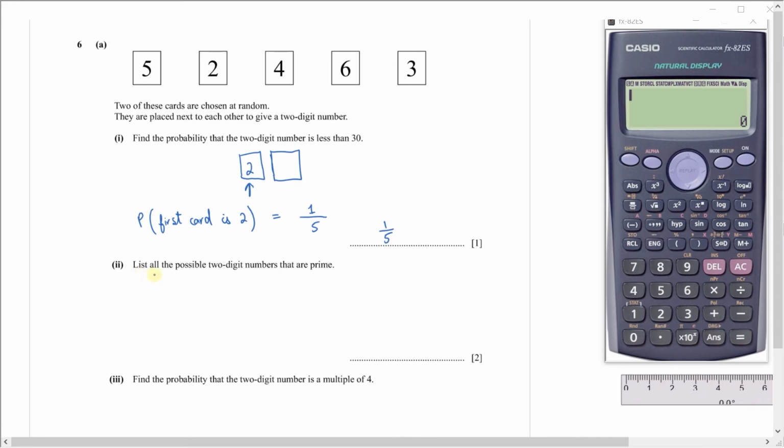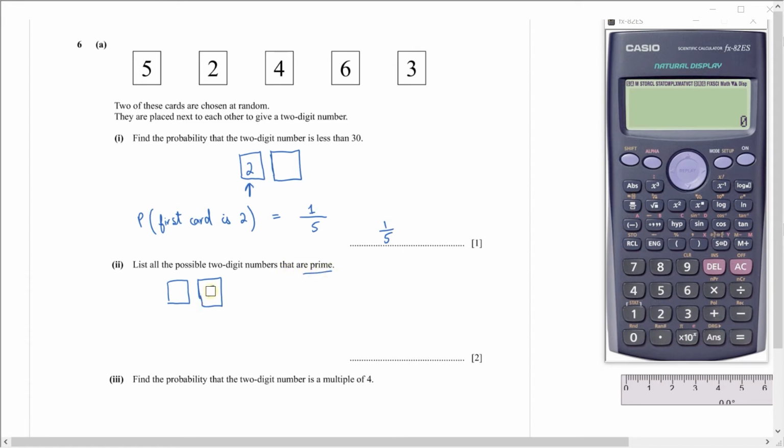Part 2 is list all the possible two-digit numbers that are prime. So again, you have two-digit numbers that you can get when you pick up two cards out of these 5. Now, if you look at this second card, it cannot be 5, because if it's 5, that means the number that you will get is divisible by 5 as well. So it cannot be a prime number.